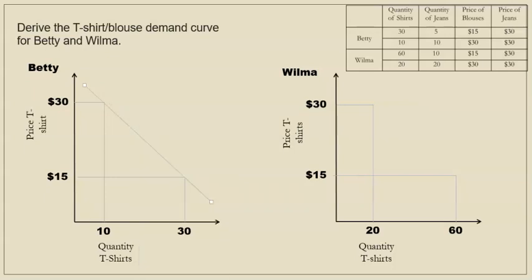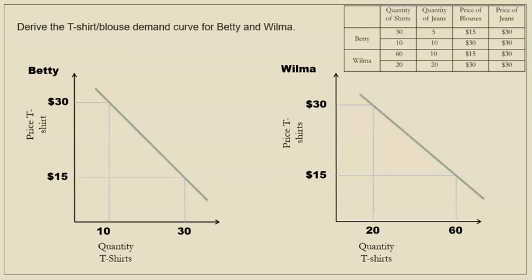I'm just going to copy that over, make another line, and do the same for Wilma. And so that would be what our demand curve for t-shirts for Betty and Wilma looks like.